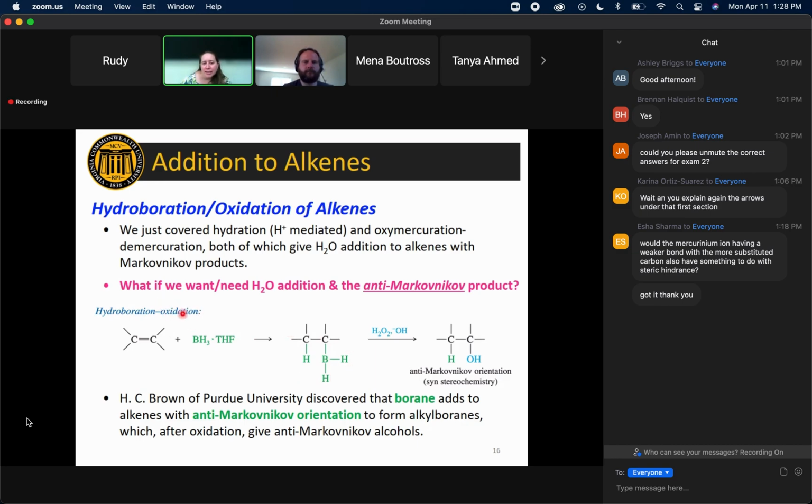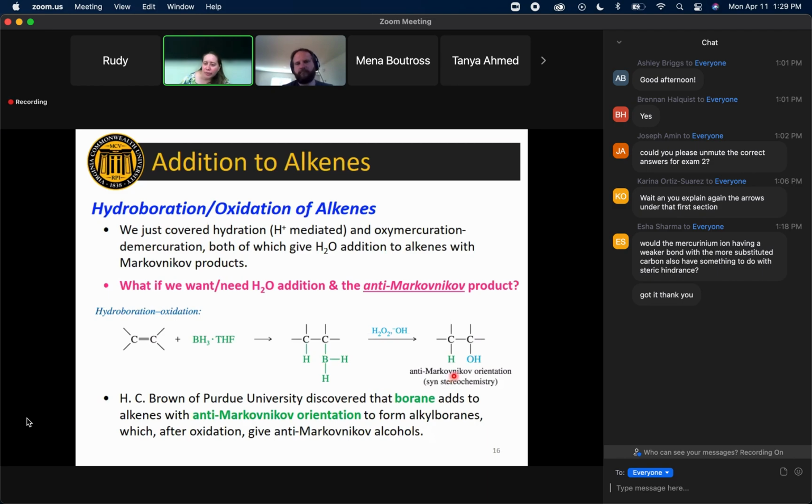And then in our second step of oxidation, we're going to use hydrogen peroxide and the hydroxide anion. We're going to replace this boron group with an OH group. Now, overall, if you look at our product, we're going to have added a water molecule. That's the end result.